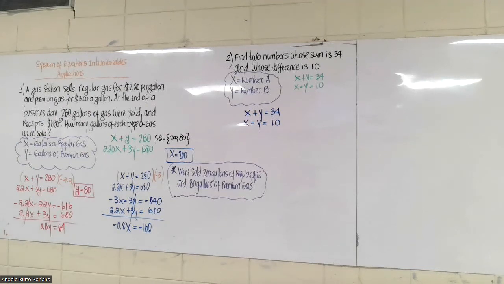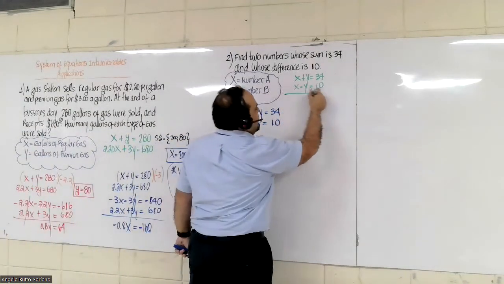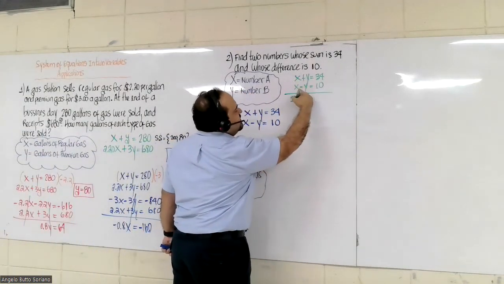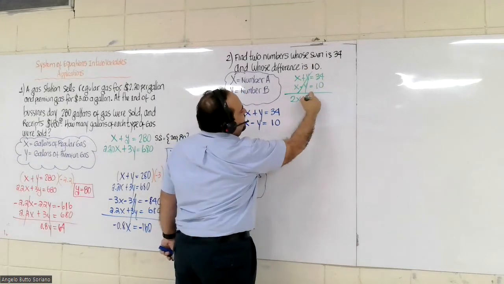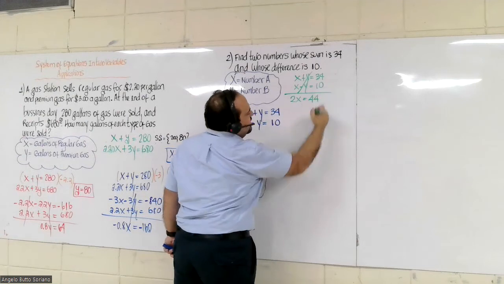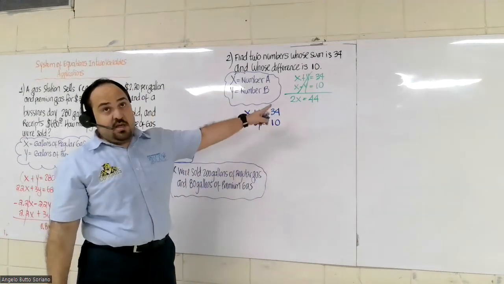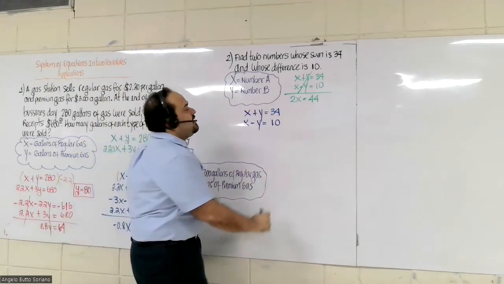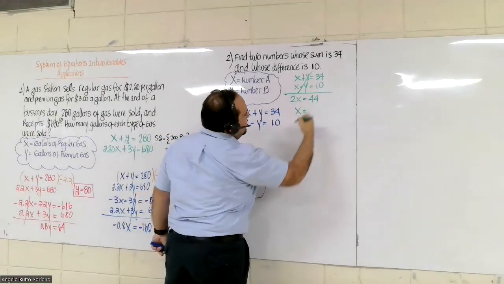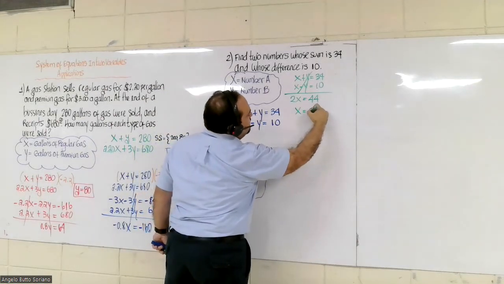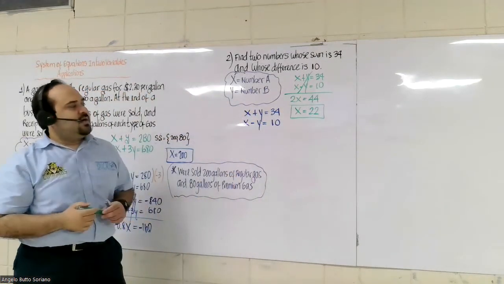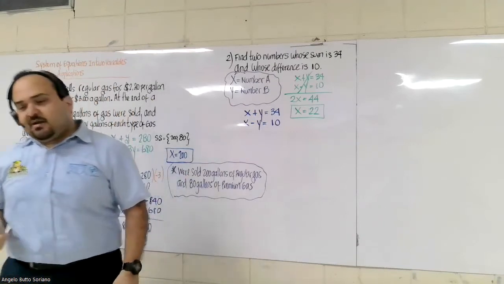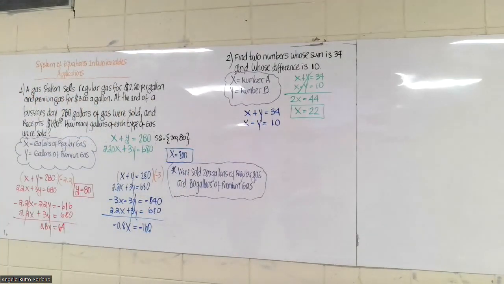So we can eliminate at once. x plus x is 2x, y minus y cancels, and 34 plus 10 will be 44. Because the 2 is multiplying, it passes to divide: 44 divided by 2 will be 22.